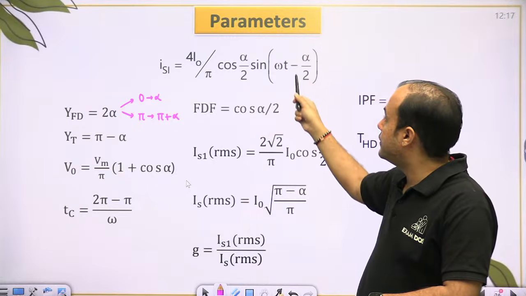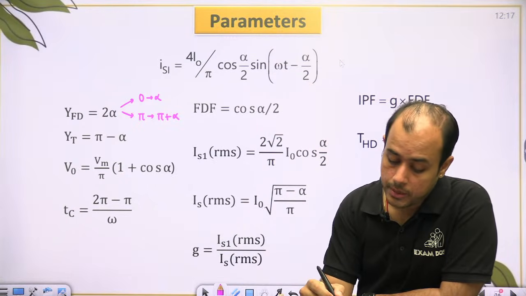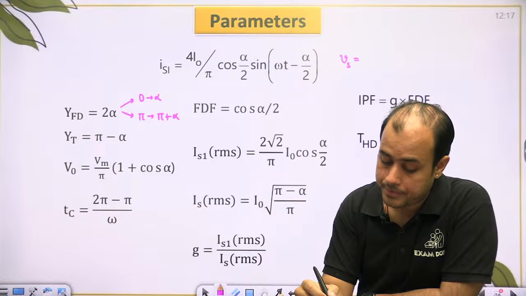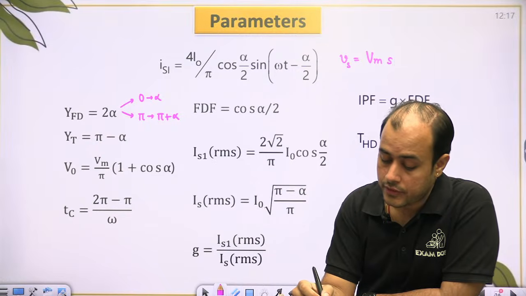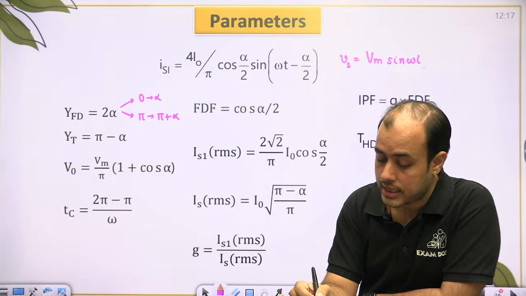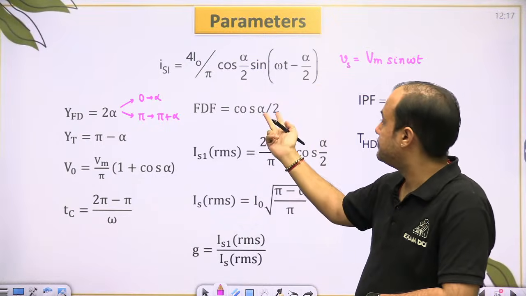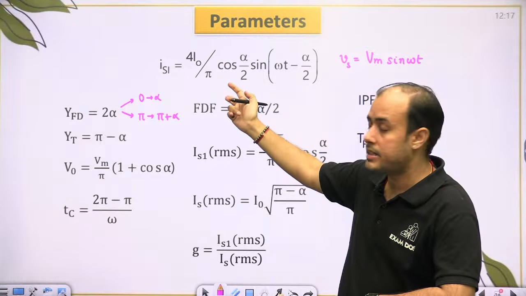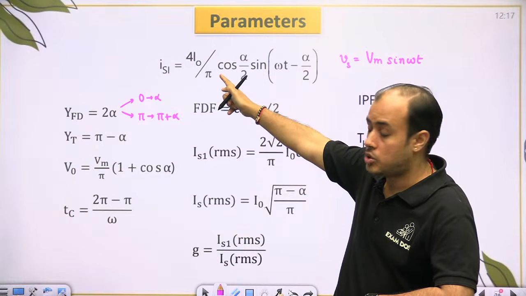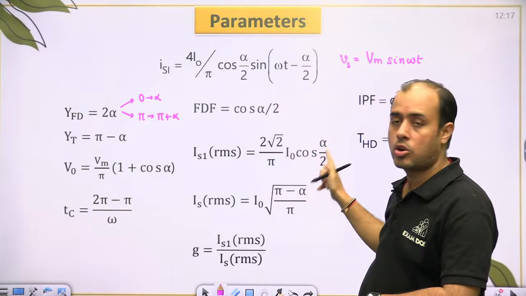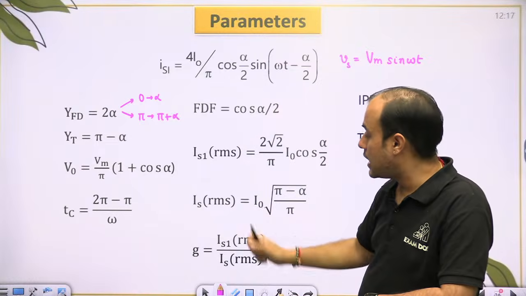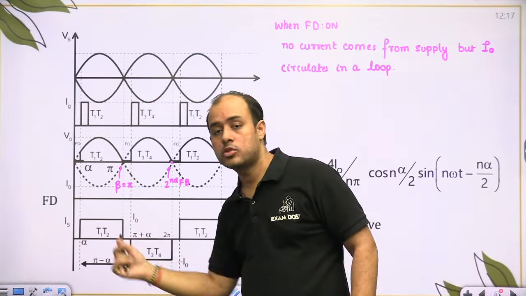So just like our load, 2 pi minus pi by omega. Now FDF, because the voltage will be Vm sin omega t, the shifting between voltage and fundamental current is alpha by 2. So it is cos alpha by 2. Fundamental RMS divided by root 2, 2 root 2 by pi I naught cos alpha by 2. Total RMS, it is a quasi square wave.